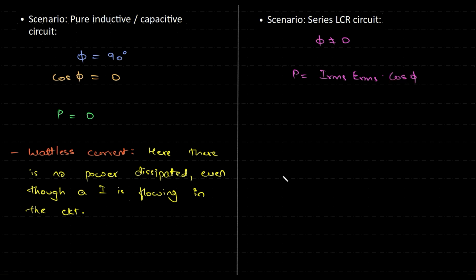That will continue to be so. You guys agree? Next, your phi will be equal to, actually we need to write this expression, tan inverse of XL minus XC divided by R. The inverse is to be taken for the entire expression.